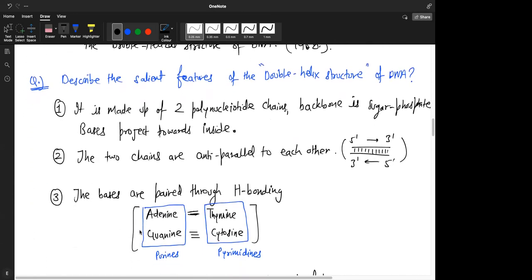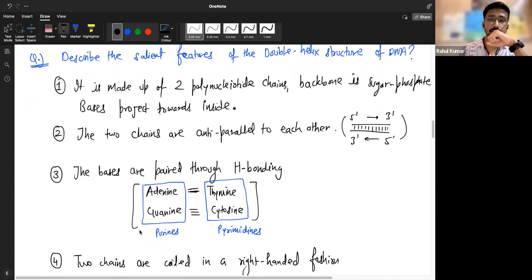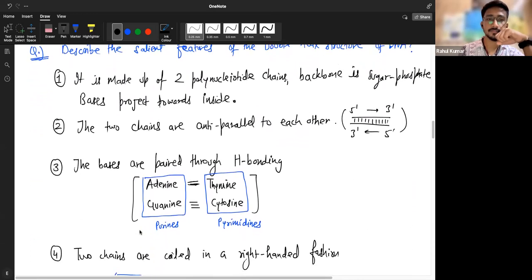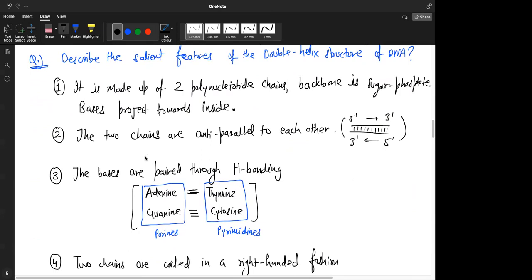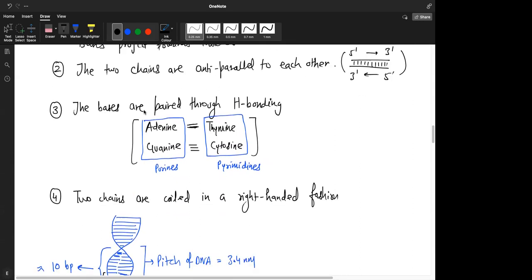And what are the features of this double helix structure? It is made up of two polynucleotide chains, and the two chains are anti-parallel to each other, and the bases on opposite strands are paired through hydrogen bonding. That is, adenine is double bonded with thymine, and guanine is triple bonded with cytosine.